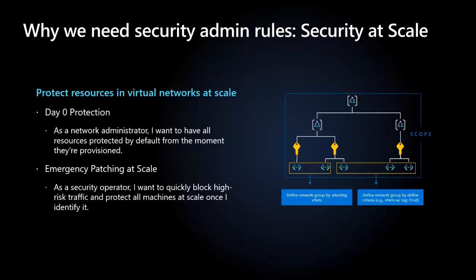So you can say, okay, I want to block some high risk port for my network group, let's say production network group. So every time you have new VMs created in your environment, it's gonna be automatically applied with the admin rule, so that your resources are protected from the moment when they are provisioned.